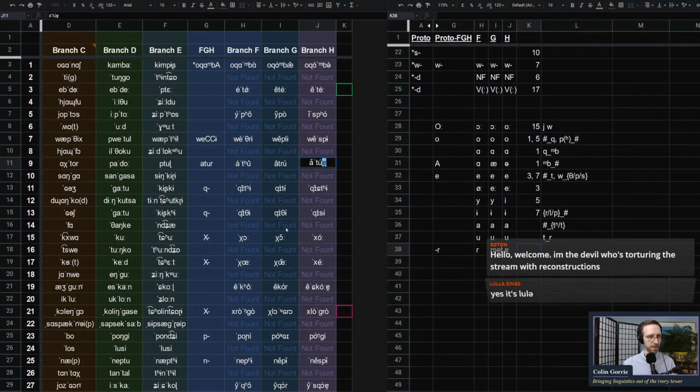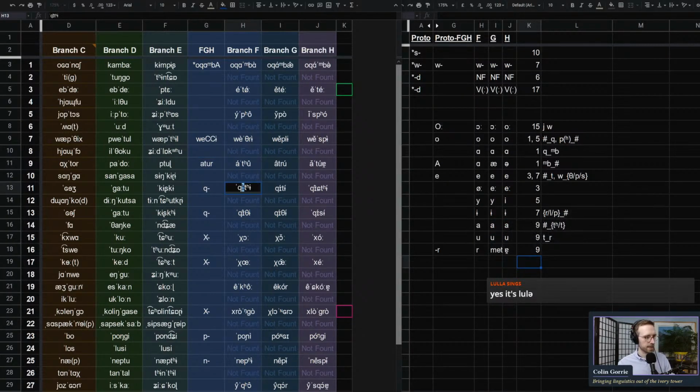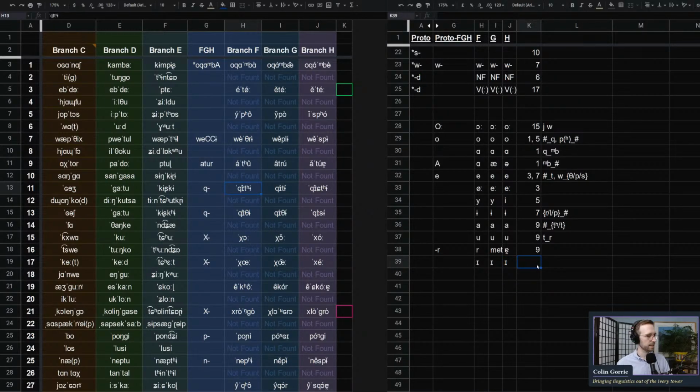And we get that from 9. I think that's solid. Then we have this correspondence e. And we have high central vowel at the end. So this is an 11.